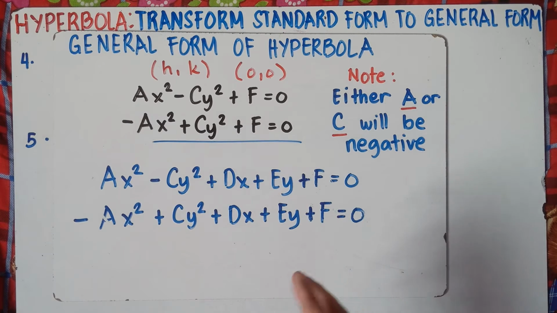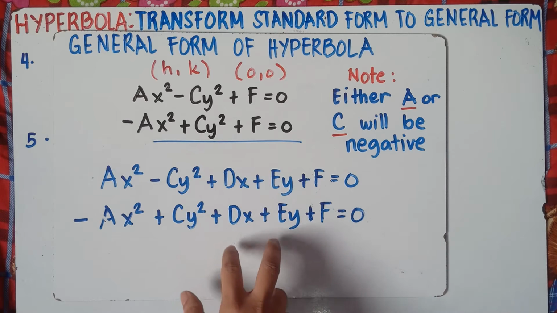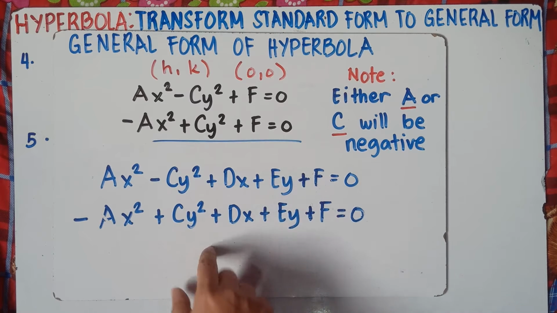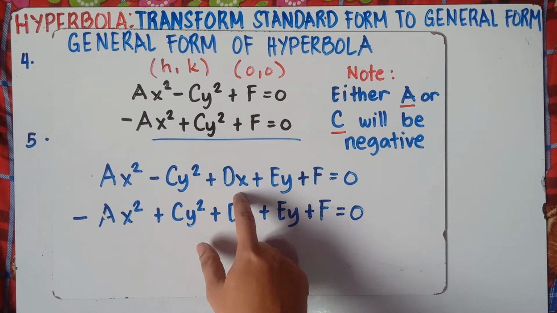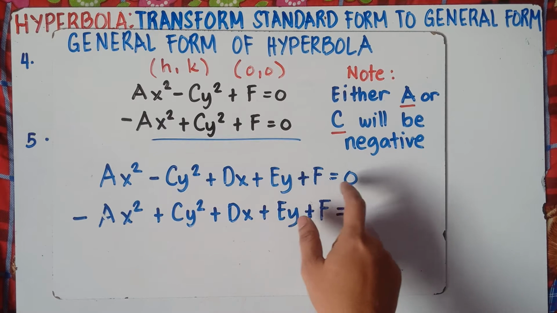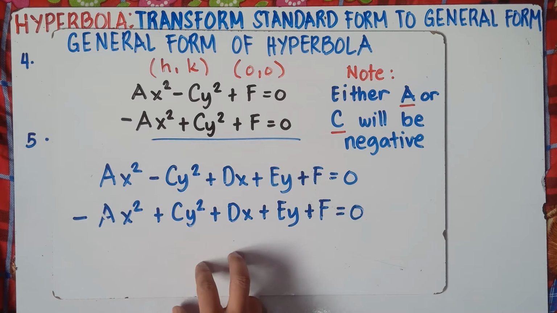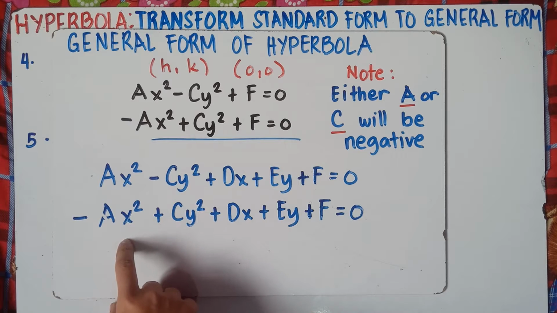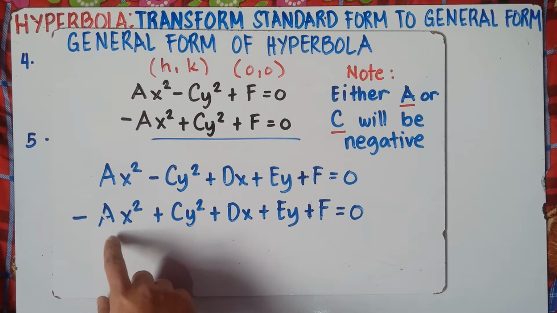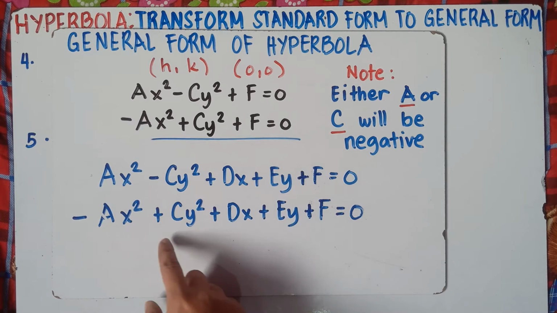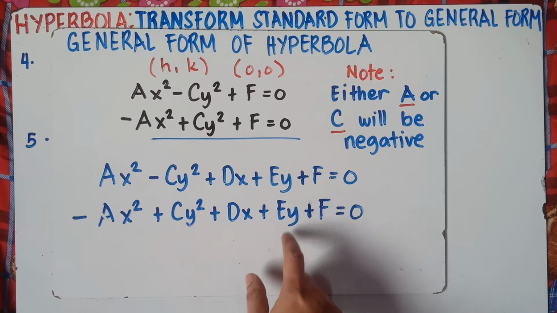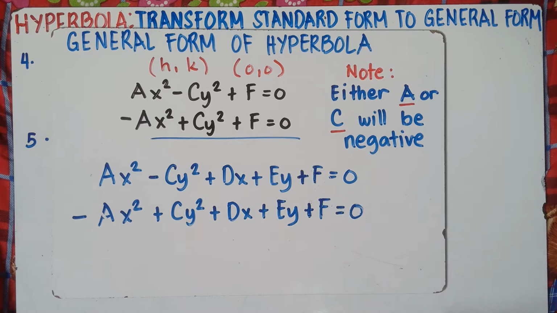Now, if h and k is not 0, 0, this will be our equation: ax squared minus cy squared plus dx plus ey plus f equals 0. Or you can have negative ax squared, the quadratic term being negative, plus cy squared plus dx plus ey plus f equals 0. Do not be confused, class.